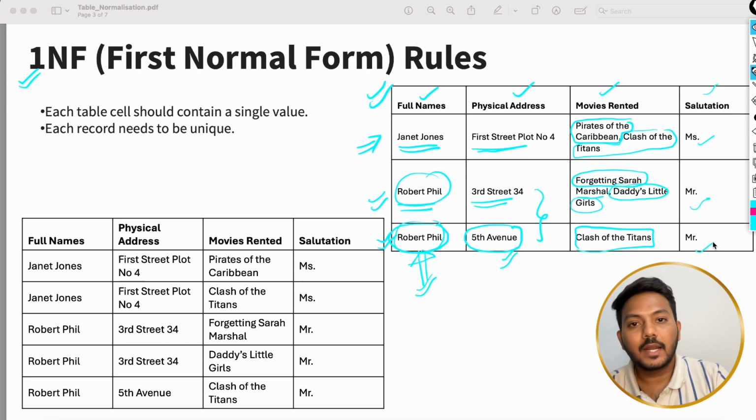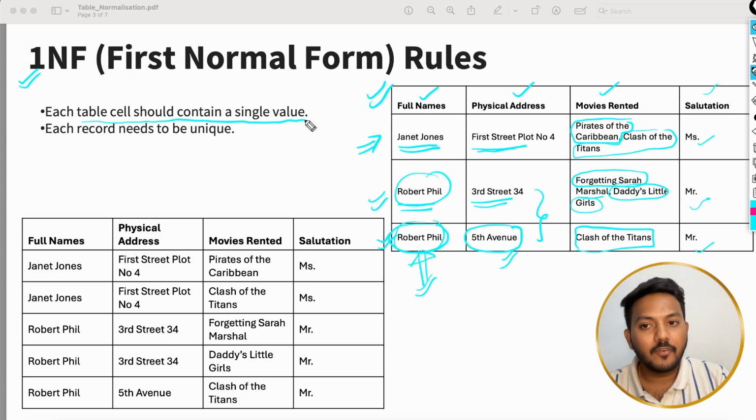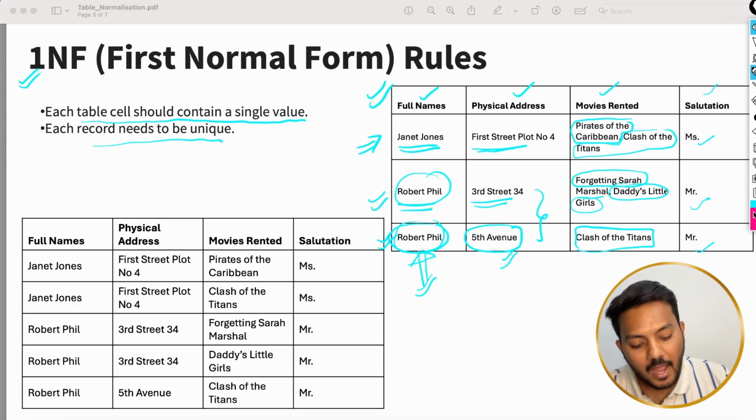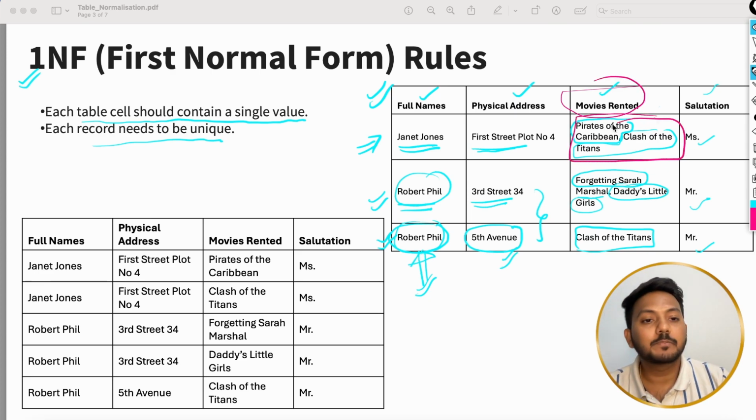So what 1NF tells you is each table cell should contain a single value, and each record needs to be unique. If you see here in this movies rented column, I have two movies that this person rented.